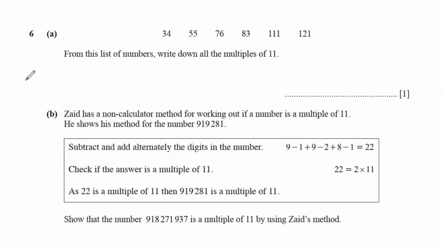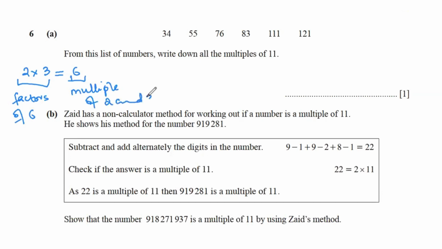So let's say we have 2 times 3 equals 6. 2 and 3 are factors of 6, whereas 6 is a multiple of 2 and 3. If we're comparing 2 and 3 with 6, 2 and 3 are the factors of 6, and 6 is a multiple of 3. So that's how we differentiate between multiples and factors.